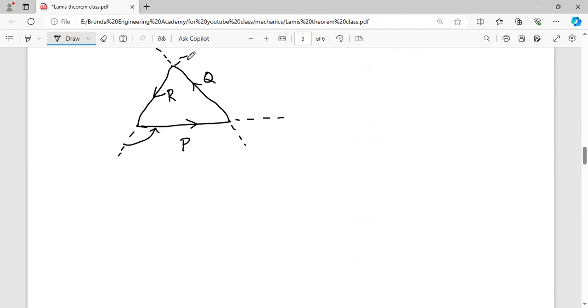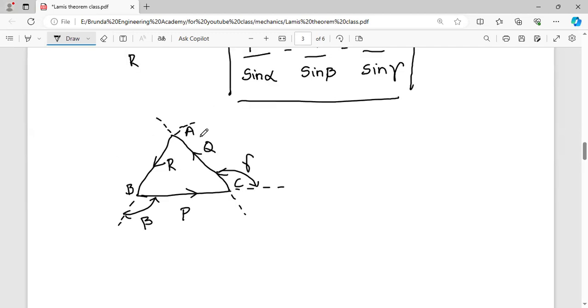Let us take the triangle ABC. Its angle is beta, its angle is gamma, and here the angle of inclination is alpha.